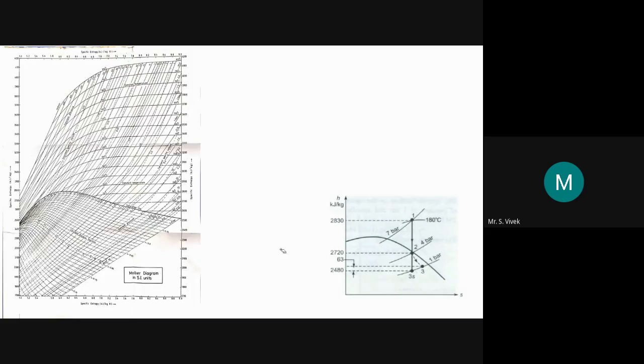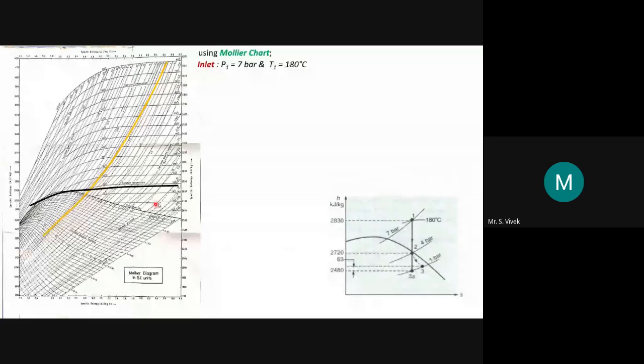I'm having the Mollier chart. Using the Mollier chart, I'm going to find out the properties, that is enthalpy, entropy, and specific volume at inlet, throat, and exit. So P1 and T1, inlet pressure and inlet temperature. P1 is equal to 7 bar, and I first noted the temperature.